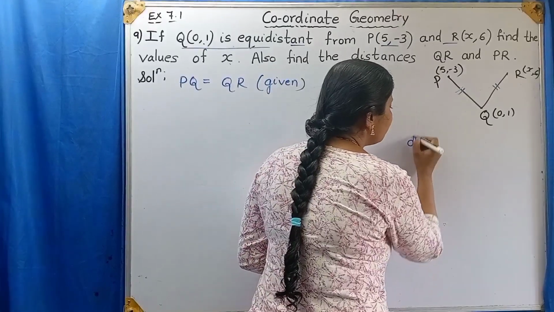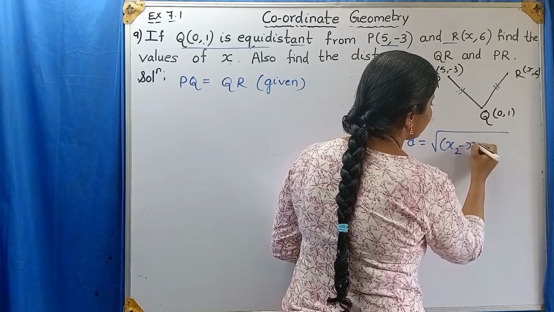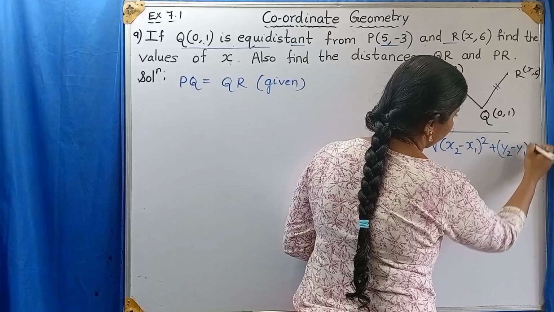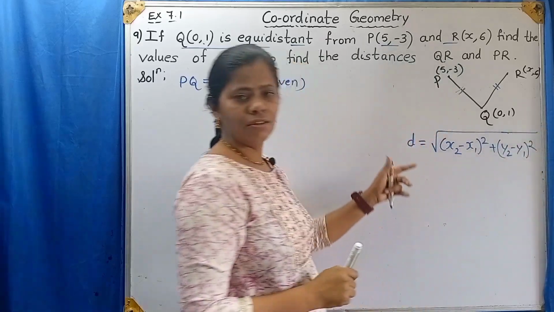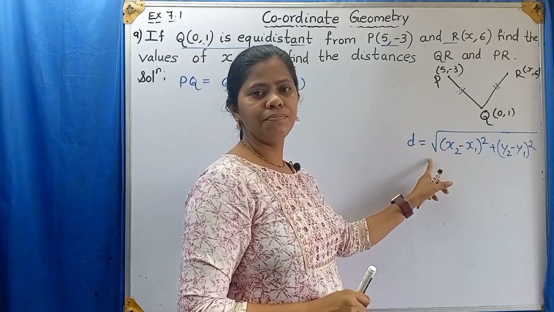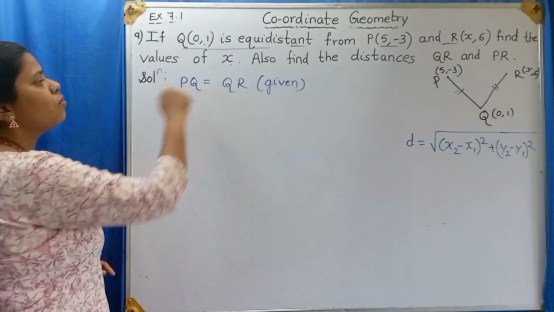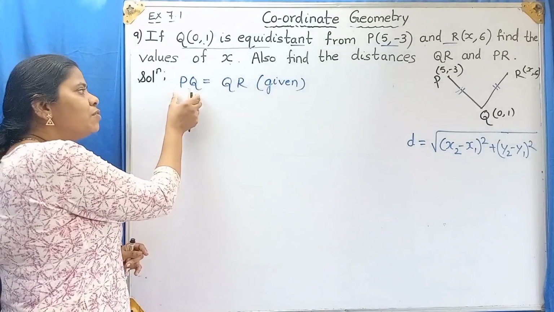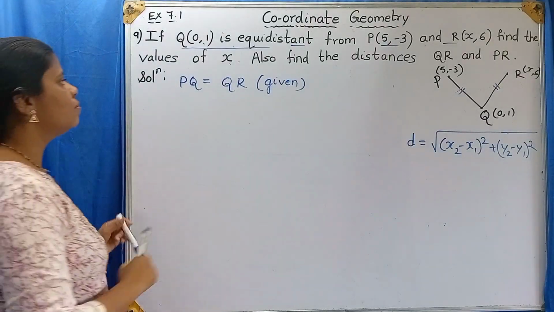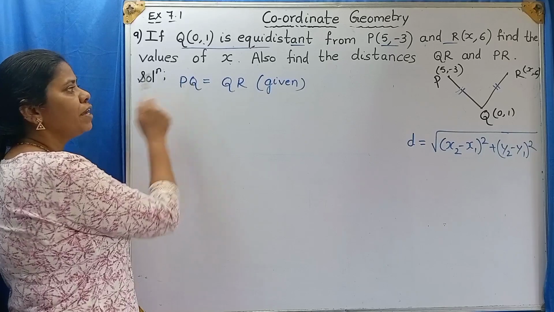The formula is D is equal to square root of (x2 minus x1) the whole square plus (y2 minus y1) the whole square. It is the formula to find the distance between the 2 points. So, since PQ is equal to QR, the distance PQ and the distance QR are also the same. So, let us find out the distance between the points P and Q.